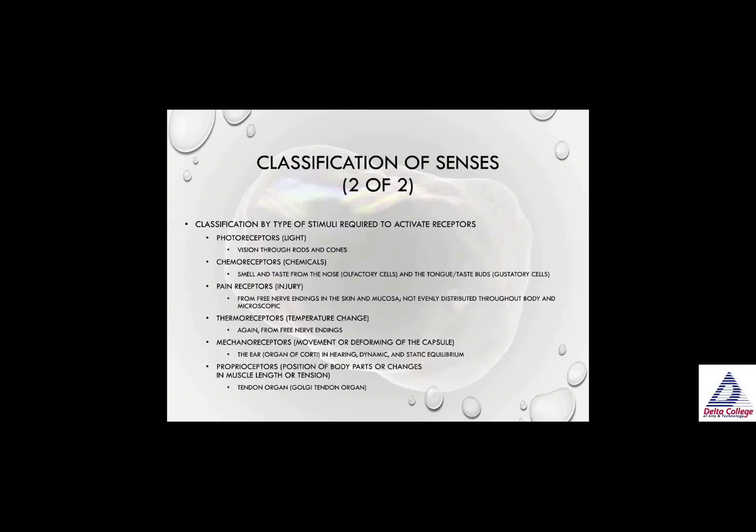Mechanoreceptors, these sense movement or deforming of the capsule. These are found in the ear, which the organ of Corti is the actual organ that we use in hearing. And then we have dynamic and static equilibrium or balance. Then we have proprioceptors.